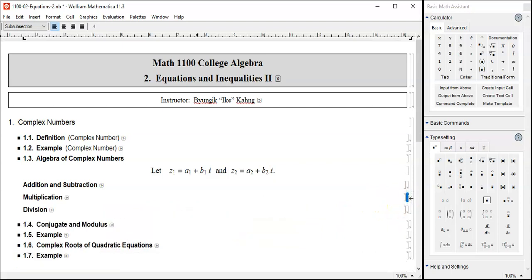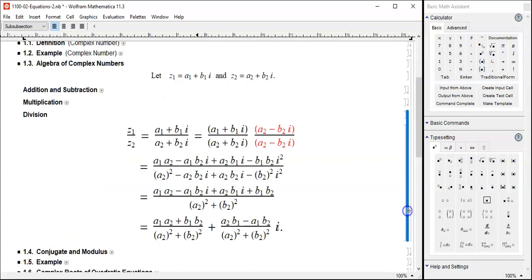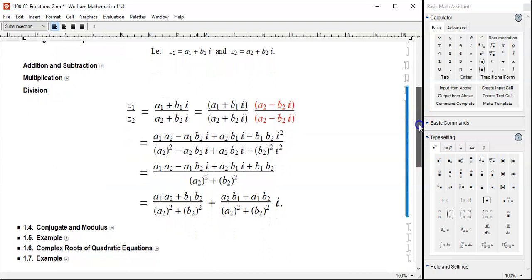Now division. Pay attention to this. This is something that requires some thinking and maybe the only thing that is worthy of an exam problem. Okay, division. Here we go, a1 plus b1i over a2 plus b2i. Then how do we simplify?